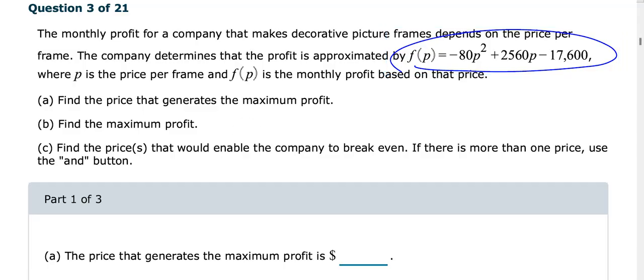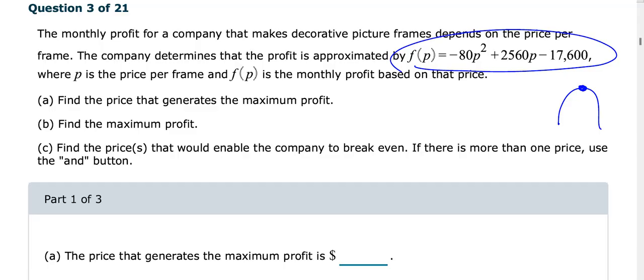Some things to point out. You see that's a negative 80 P squared? So that's going to be a parabola that opens down because a is negative 80. So you're looking for the vertex, the maximum profit, and the price that would give you that maximum profit.